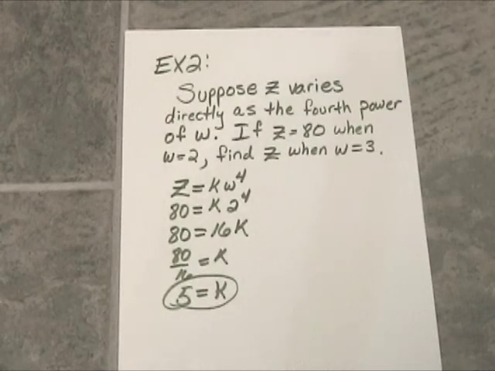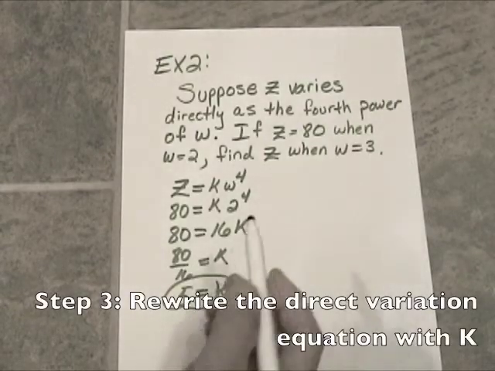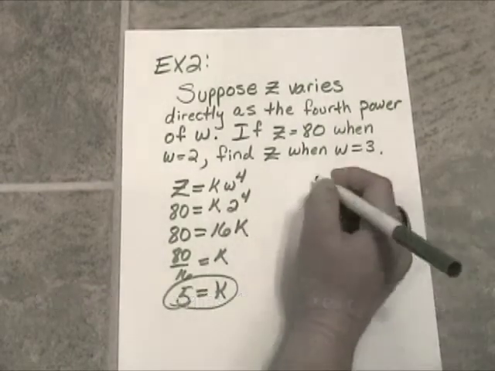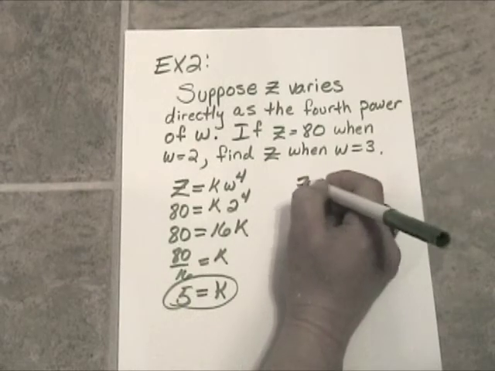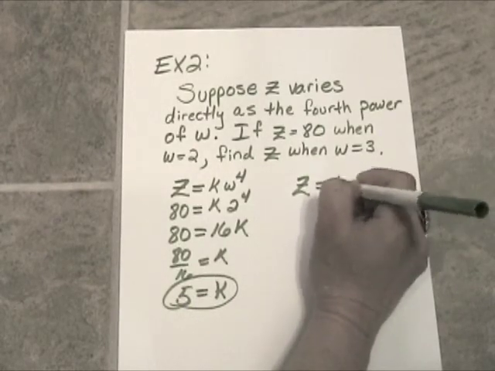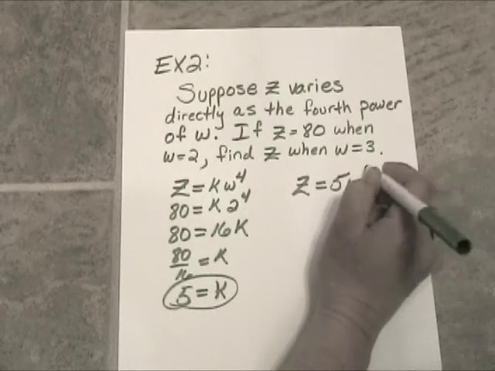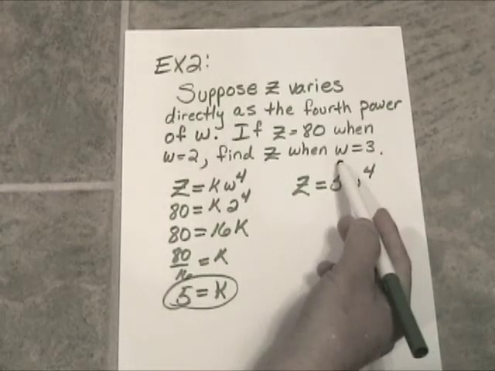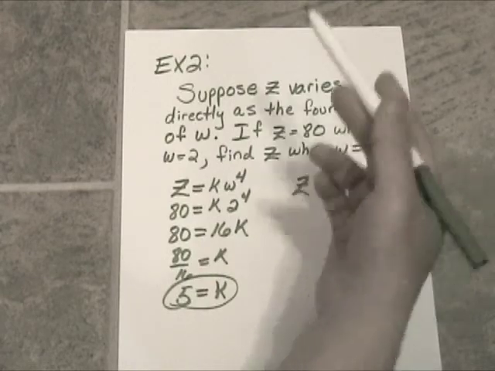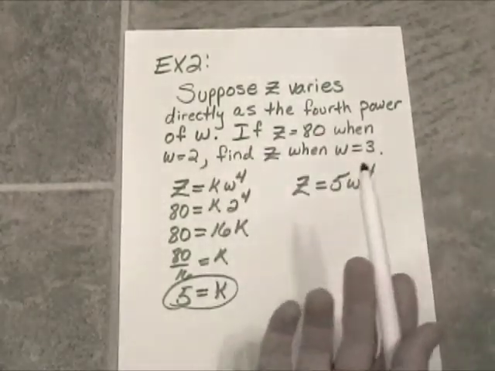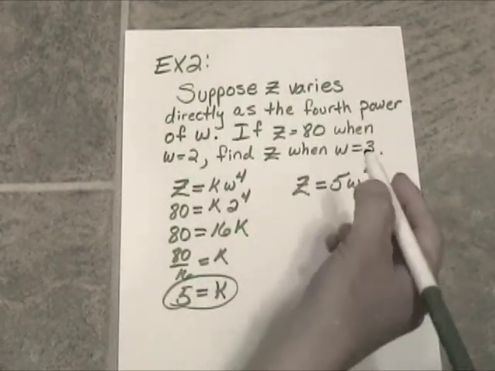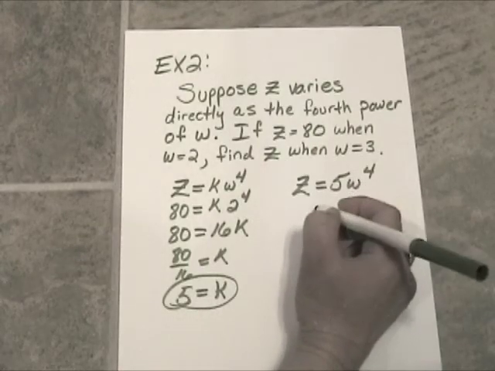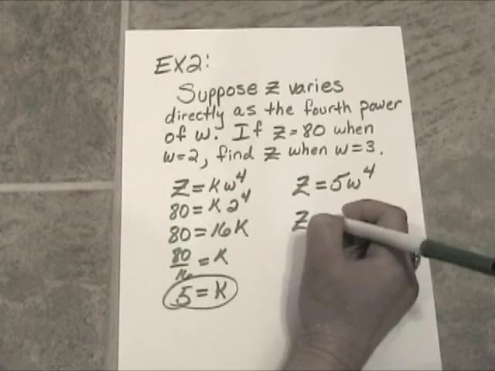Now that we know what k is, all we have to do is rewrite the direct variation equation with the k in there. So z is going to be equal to 5 times w to the 4th power. Now, they want to change w to a 3, so we're going to do step 4. We're going to substitute in that value for w, and we'll solve for the new z.